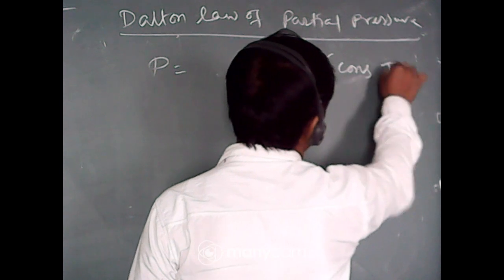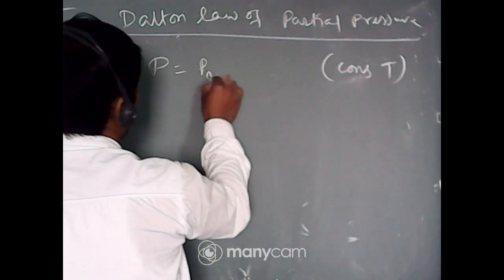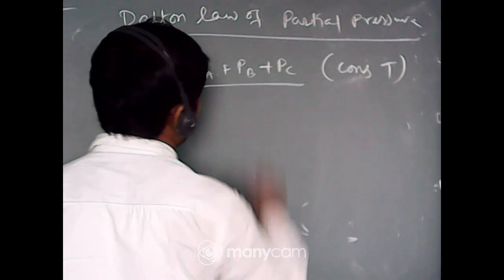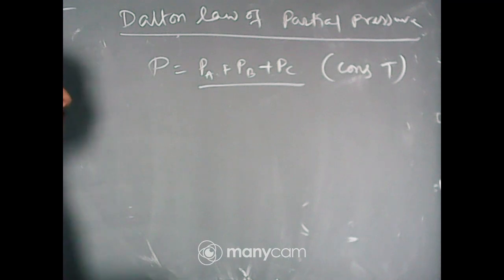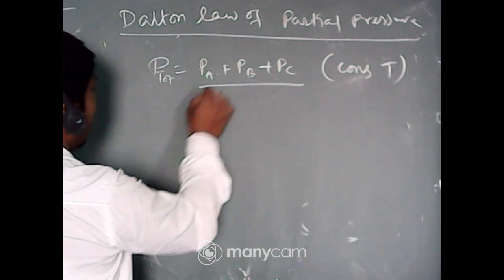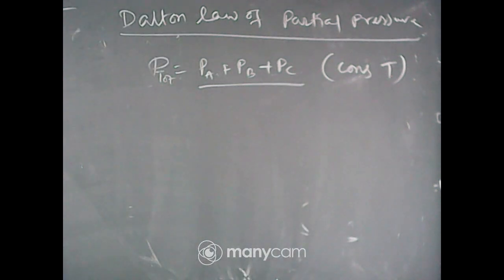At constant temperature. So, P is PA plus PB plus PC. PA, PB, PC are the partial pressures. This is the P total, and PA is the partial pressure. This is given by Dalton, and for this reason it is called Dalton's law of partial pressure.